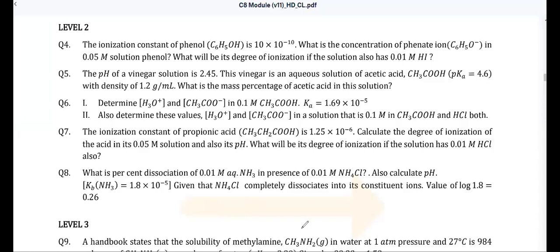Anyone have any doubt till question number 8? Tell me everyone.